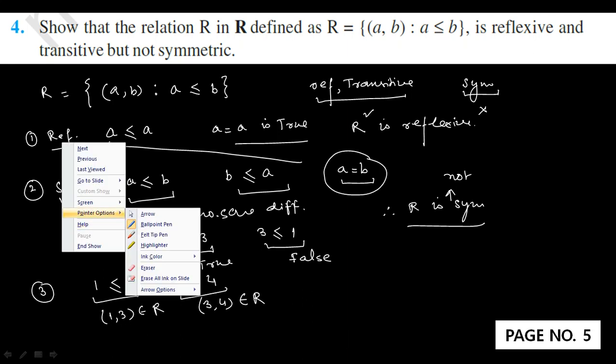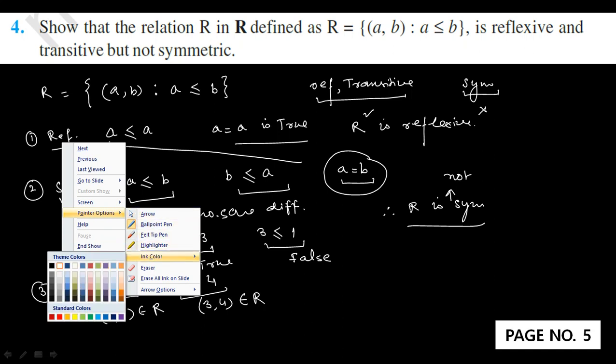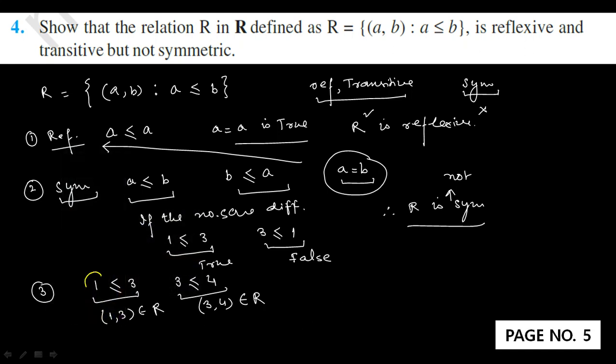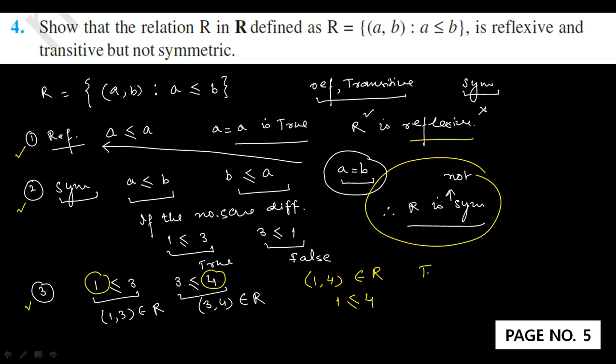If I am talking about these points, this point and this point, 1 4. 1 4 also belongs to R because 1 is less than equal to 4. Now what about these conditions? First condition, second condition and third condition. Clearly, the relation is reflexive and it's not symmetric, and third one transitive, this one is also okay.